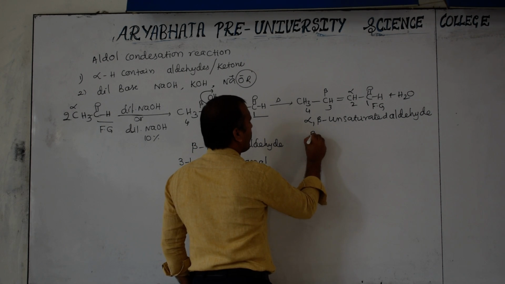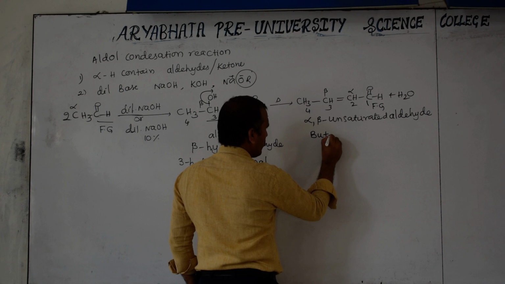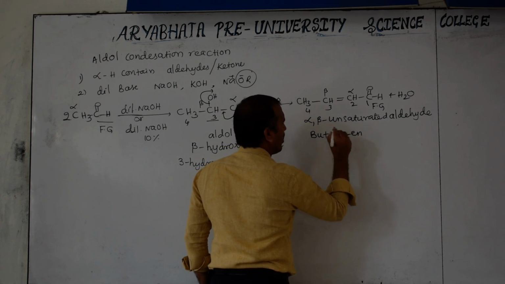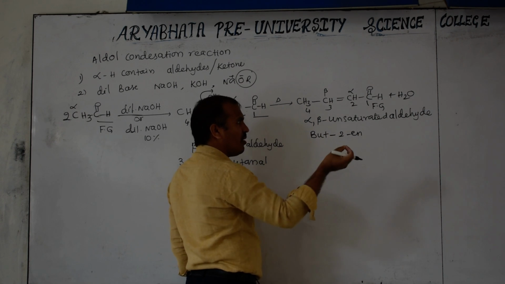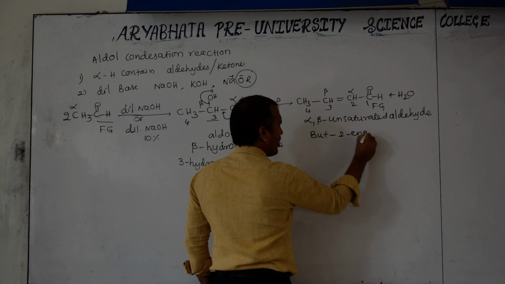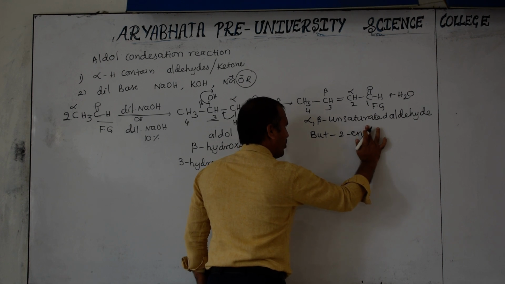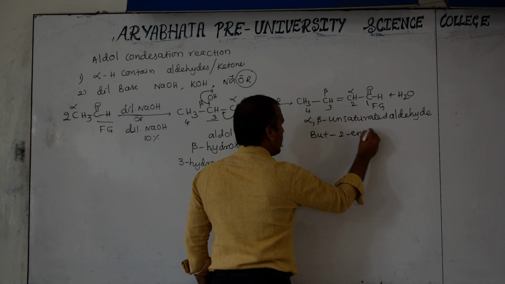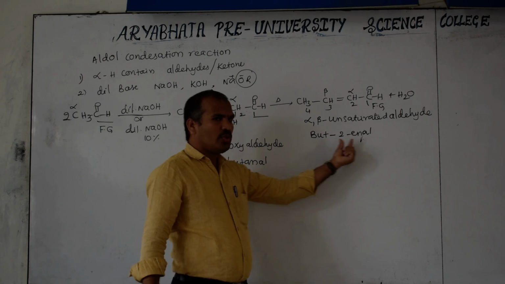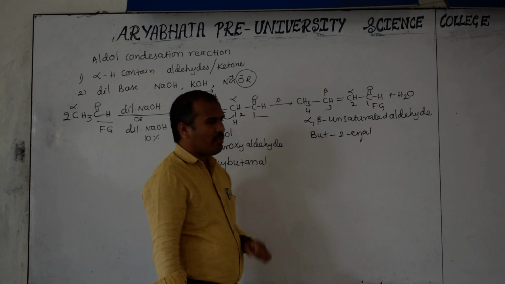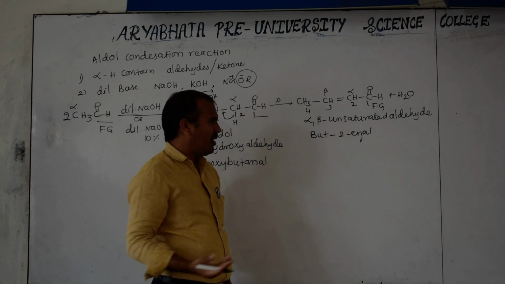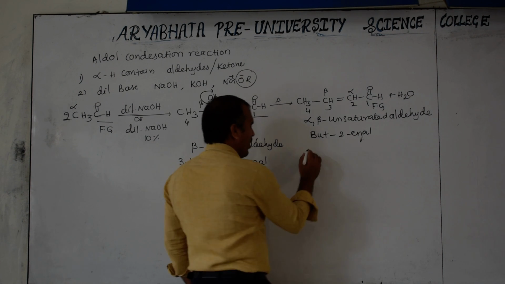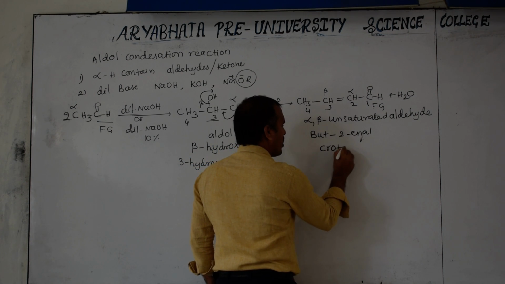The double bond is at the second position, so 2-ene. Actually it is butene, but remove the e, and an aldehyde is there, so 2-enal. That is the IUPAC name; anyone can write it easily because you know the rules. But the common name of this one, which is very important, is crotonaldehyde.